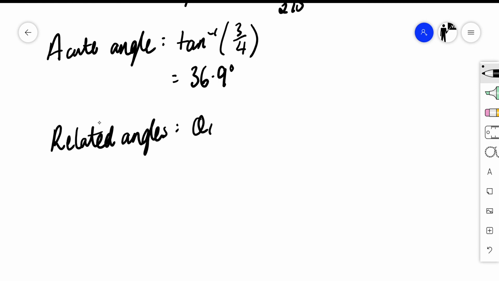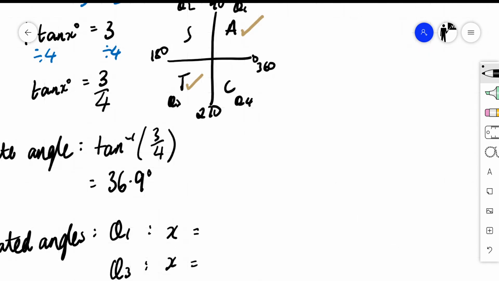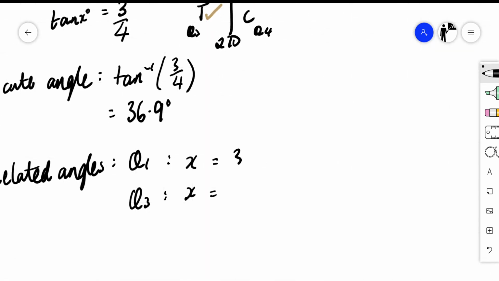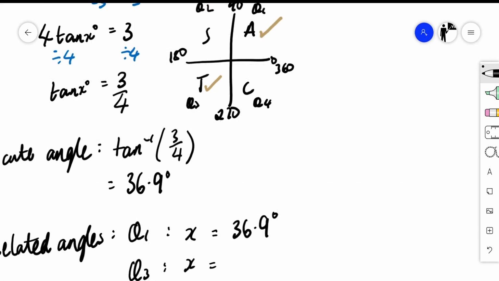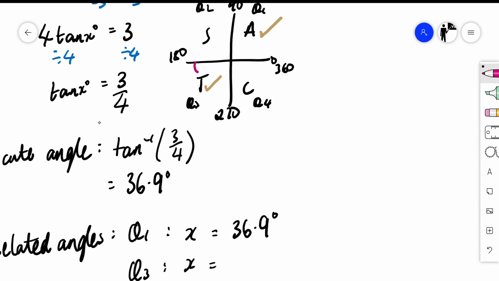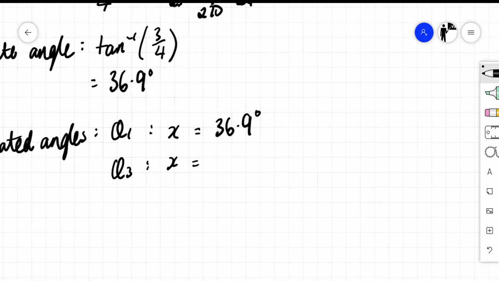We have angles in quadrant 1 and in quadrant 3. In quadrant 1, the angle needs to lie in between 0 and 90. 36.9 lies between those. In quadrant 3, it needs to lie in between 180 and 270. Well, ours doesn't, so we need to work from the horizontal and we're going to work forwards from 180. So we're going to add our acute angle onto 180.